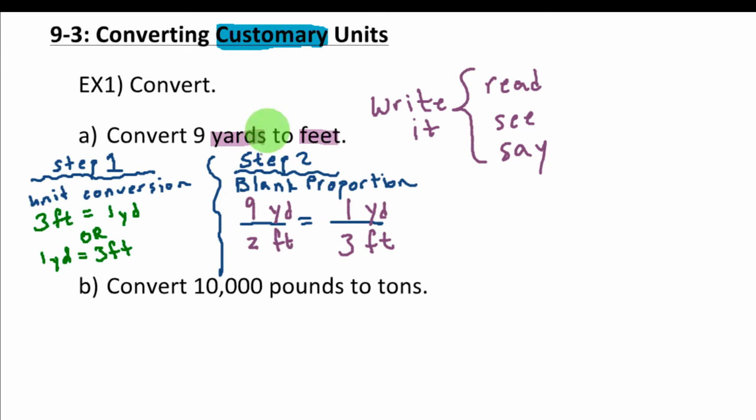The next thing I want to do is cross multiply, or take the cross products of z and 1, 3 and 9. And notice how I didn't use units there. I'm just pretending that they're not there. They're kind of hidden right now. So let's just do an arrow over and write it as 1 times z is equal to 9 times 3.